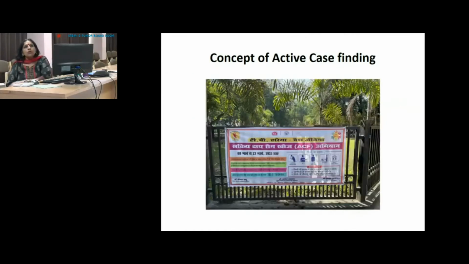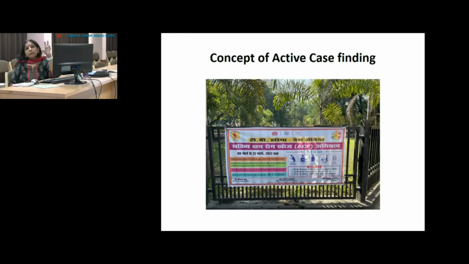There is also an approach now of active case finding. This is from our center. From 9 to 22 March, this was the ACA Pakhwada this year of 2 weeks. In this, our DOT center workers, our TB unit workers and we trained ASHA workers who go into the community.